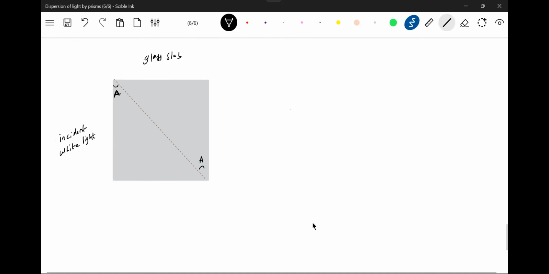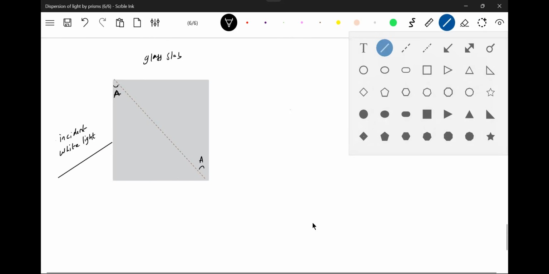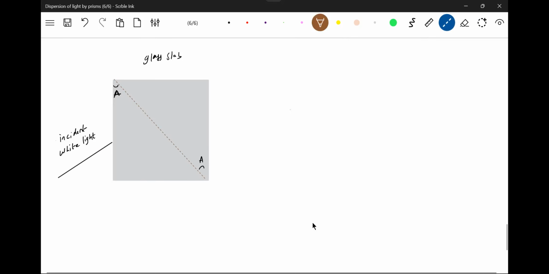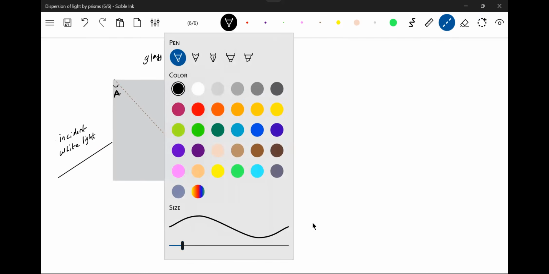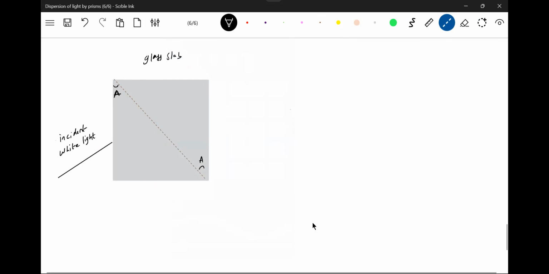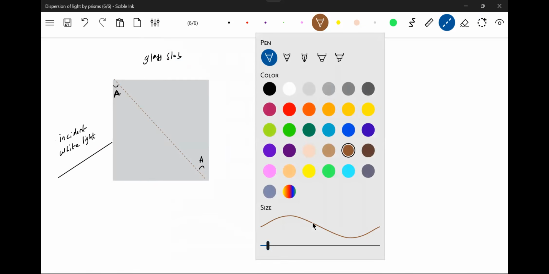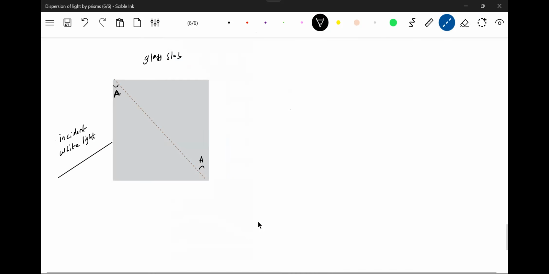What we know, no deviation, no dispersion. Am I right? There's one reference line. Let me draw it. So when a white light is incident on a glass slab, what actually happens here? So the red color light will break up.